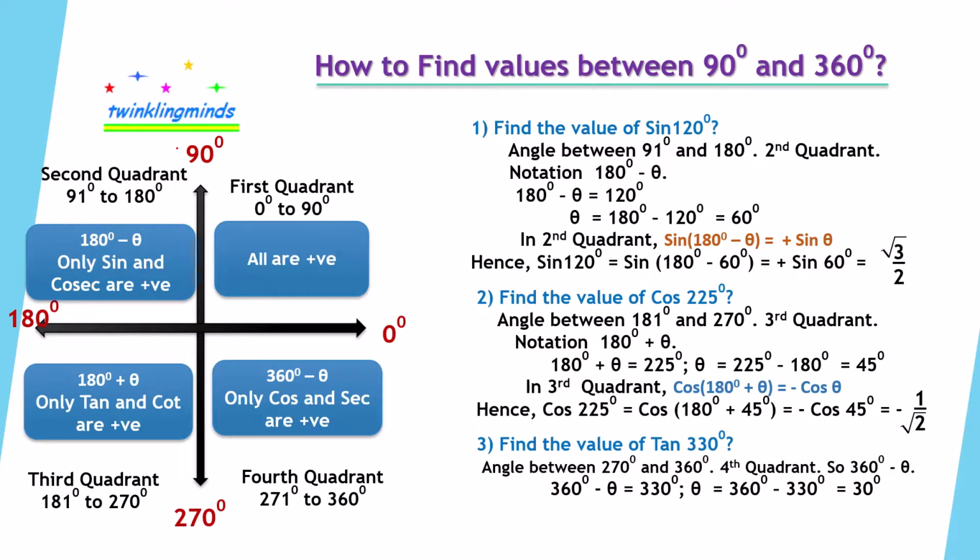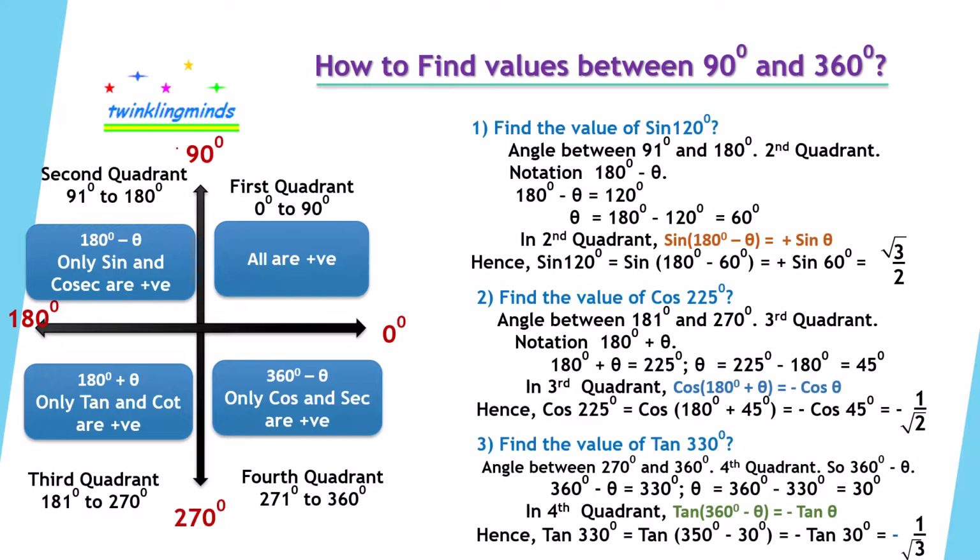The value of tan 330 degrees is minus tan 30 degrees, isn't it? And the value of tan 30 degrees is 1 by square root 3. So the value of tan 330 degrees equals minus 1 by square root 3.